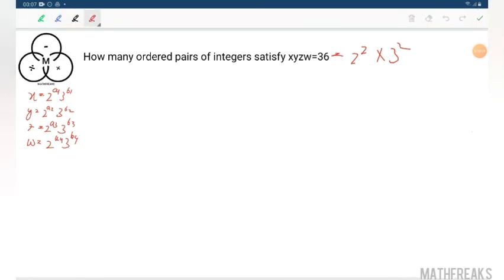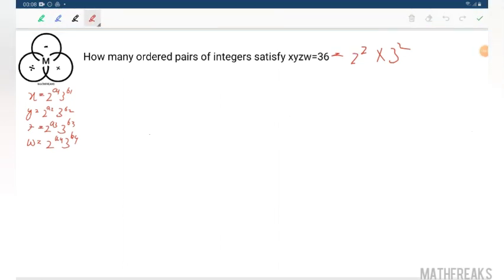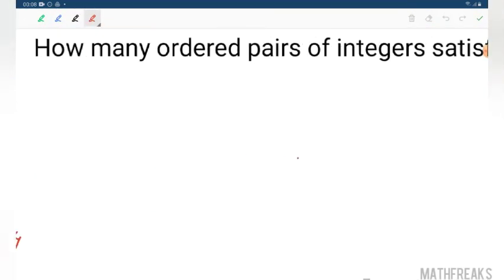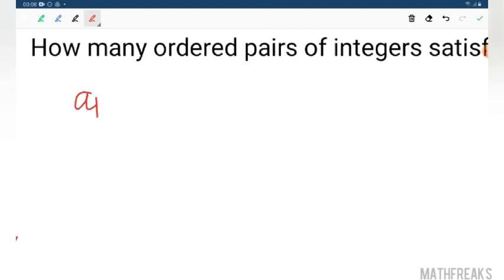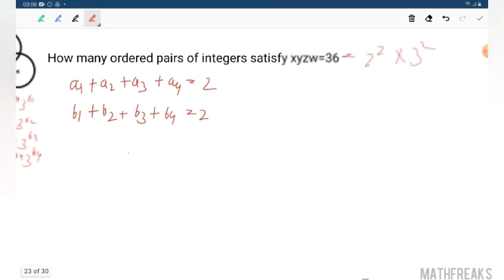Now a1 plus a2 plus a3 plus a4 equals 2. b1 plus b2 plus b3 plus b4 also equals 2. How many ordered pairs will satisfy this?